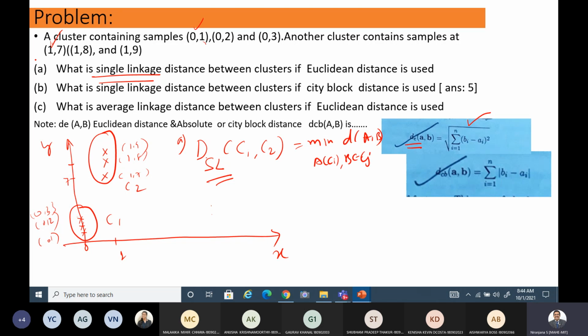If you have forgotten, just remember that the Euclidean distance calculation is by taking (1 minus 0) whole square plus (7 minus 1) whole square, under the square root, between these two points, right? So how much is it for one example here? That is 1 plus 6 square, 37 under the square root.